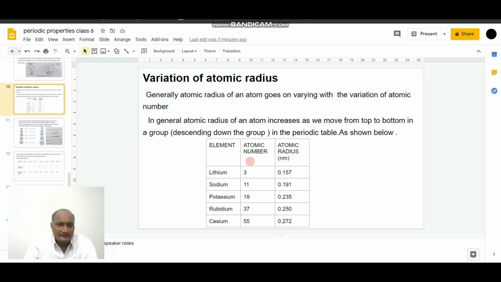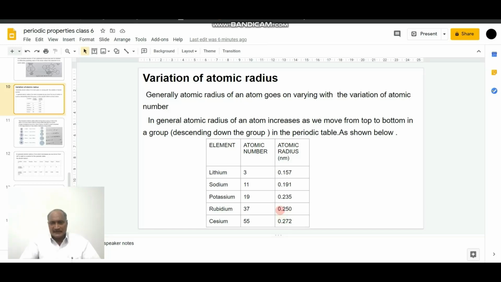So coming to the first group, that is alkali metals, especially lithium, as its atomic number is 3, its radius is found to be 0.157 nanometers. Likewise, atomic radius of sodium is 0.191, that of potassium is 0.235, that of rubidium is 0.250, and that of cesium is found to be 0.272.